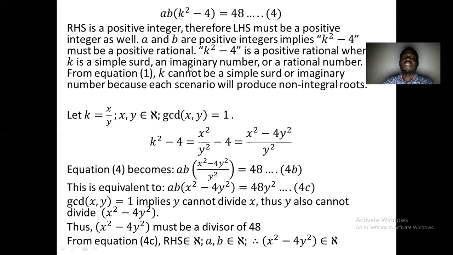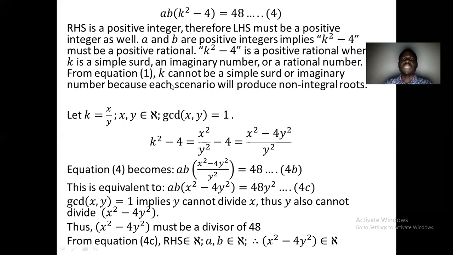Now, k can also be an imaginary number. Examples are 2i, 4i, 5/2 i, 13/4 i. Now, k can be this because when you square an imaginary number, it results in a rational number, which satisfies what we want: k^2 - 4 must be a positive rational.